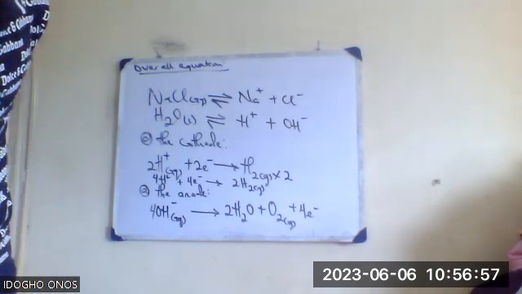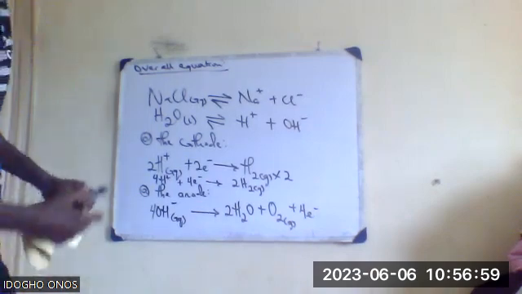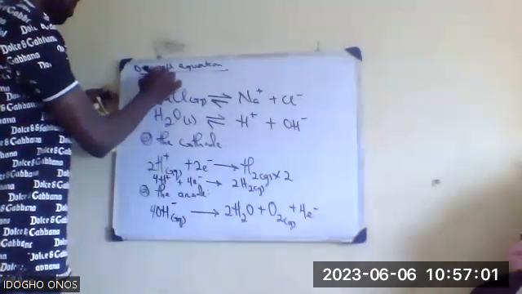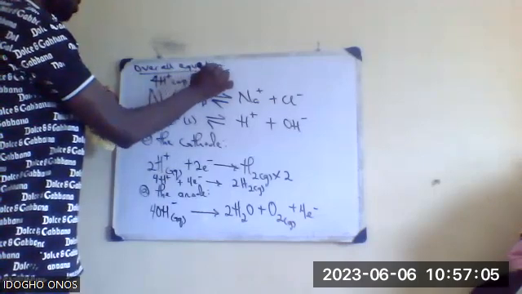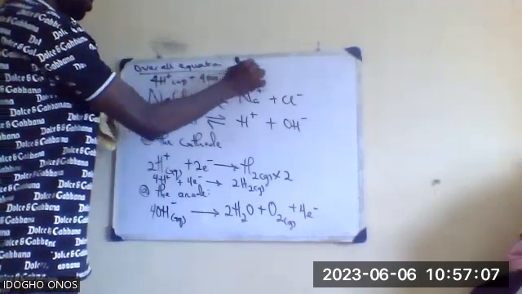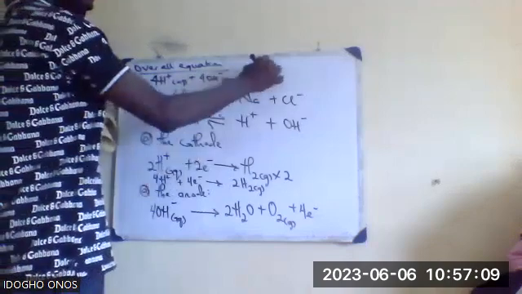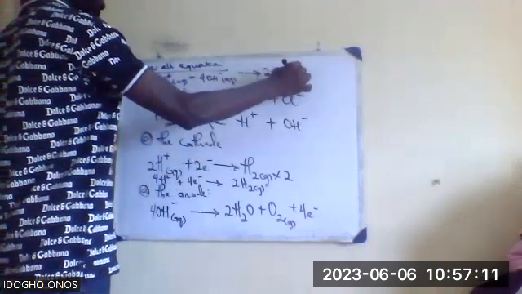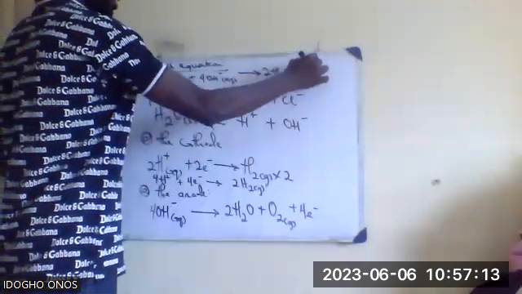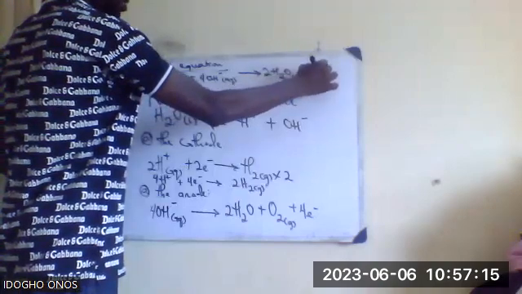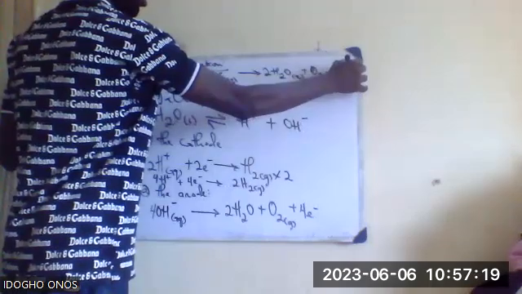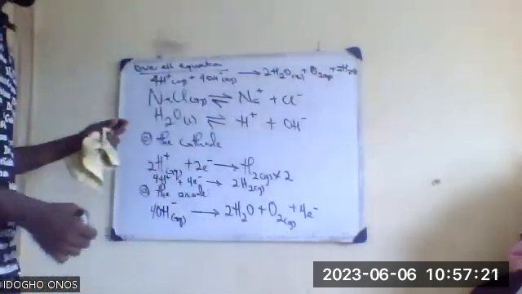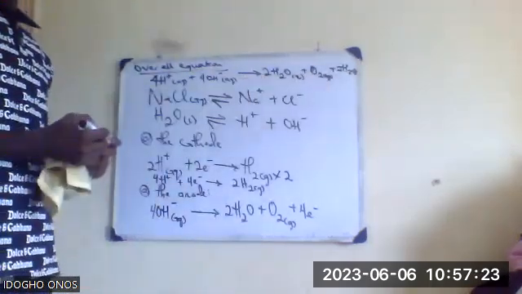It should be 4H plus aqueous, 4OH aqueous gives you 2H2O liquid, O2 gas, and 2H2 gas. So this is what you will get as your overall equation.